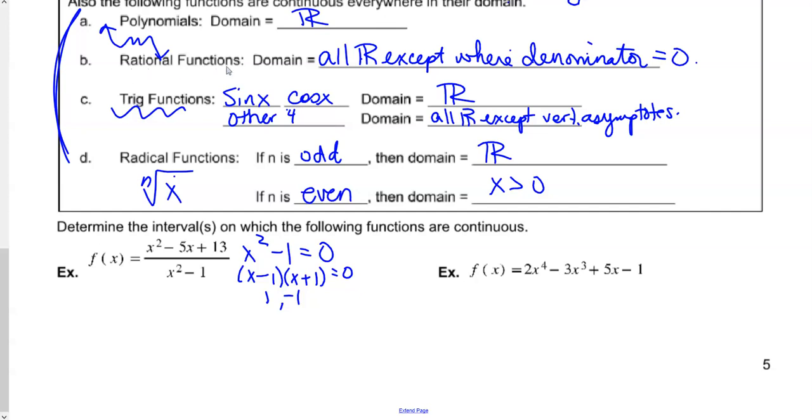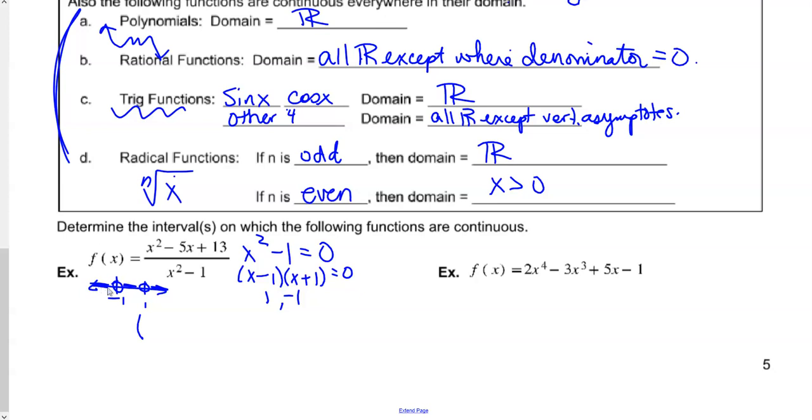This theorem tells me it would be continuous at every single one of those numbers except for 1 and negative 1. Therefore, my intervals are going to be, if you need to look at a graph, you want to skip over negative 1 and 1 with open circles, and I need all of this and all of this, so do so if you need to write it with interval notation.